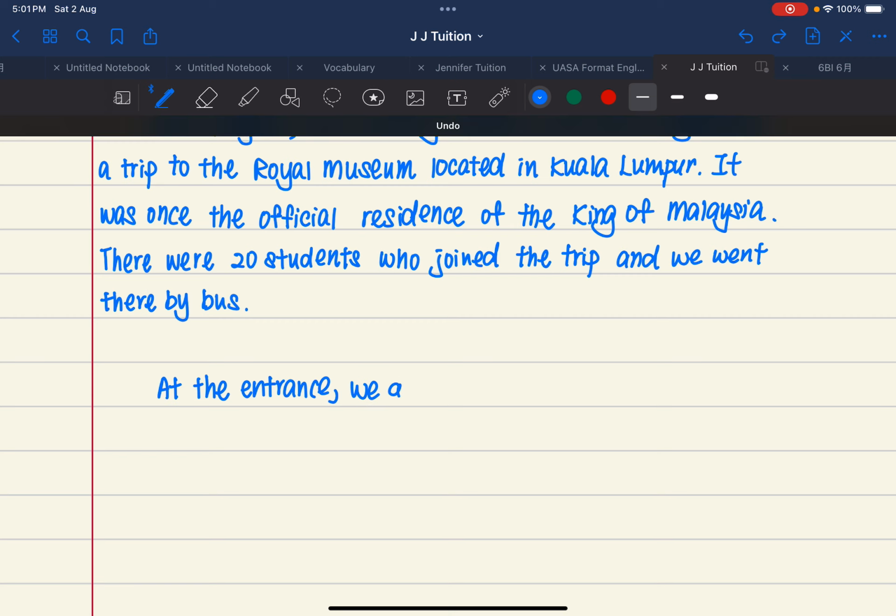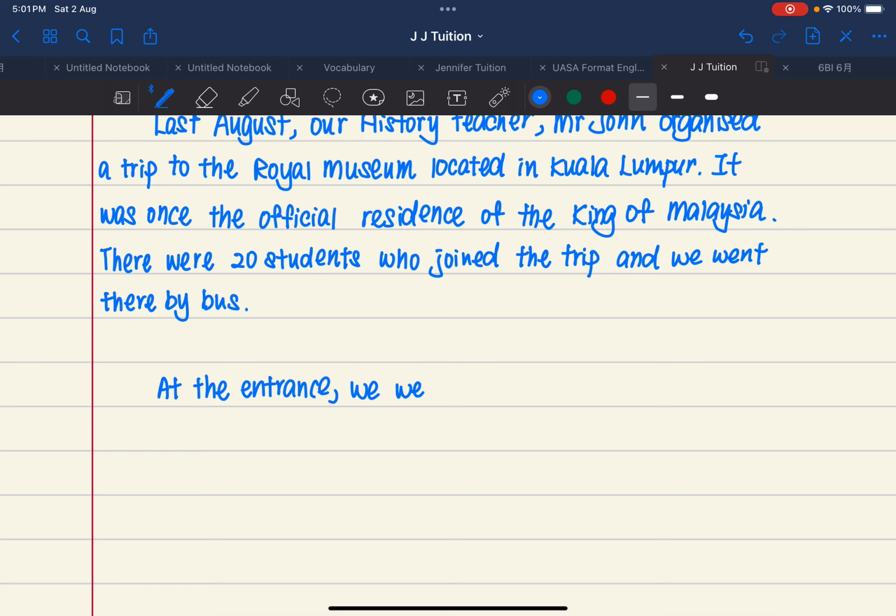Can write down the feelings when you saw such wonderful, unique things. You can use amazed. We were amazed to see the unique architecture of the palace.